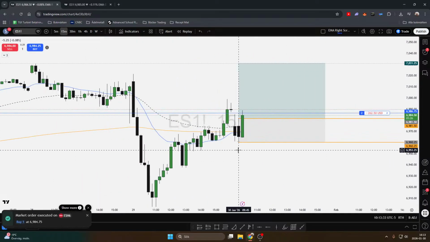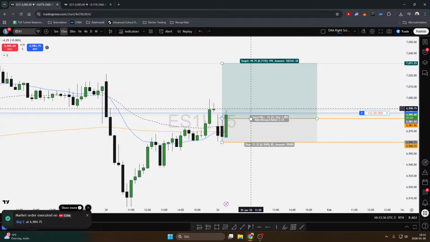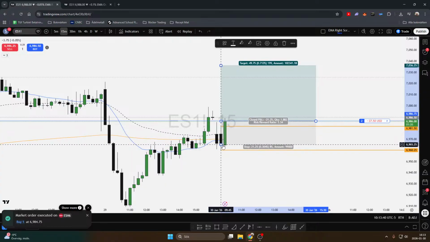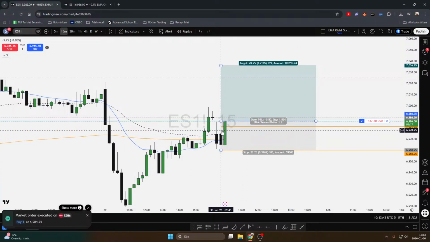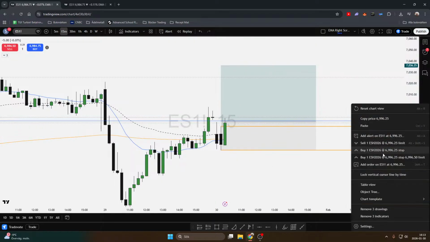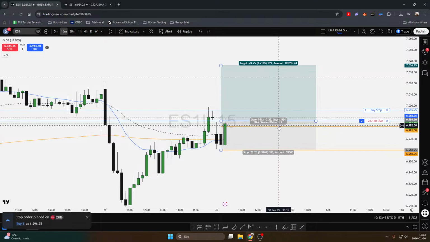Whichever side is breached first is the side you're gonna trade. We breached long here, so we should have had a stop order right here.